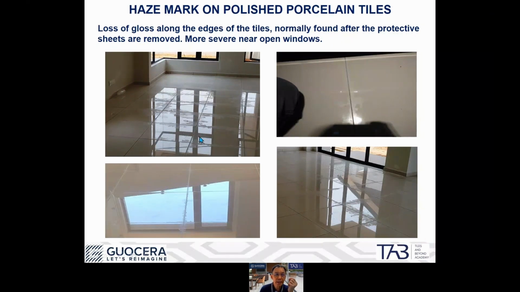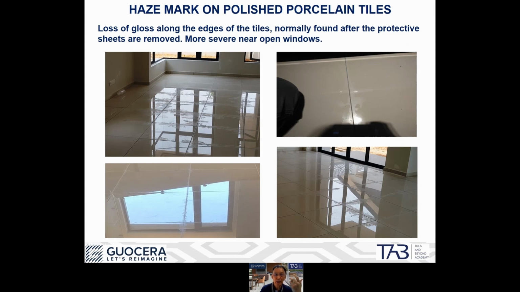It affects the tile edges, and I call it haze because of the loss of gloss. The gloss has been compromised. So it is a loss of gloss along the tile edges, normally found after the protective sheet has been removed.